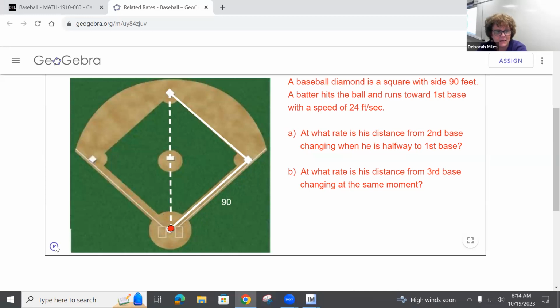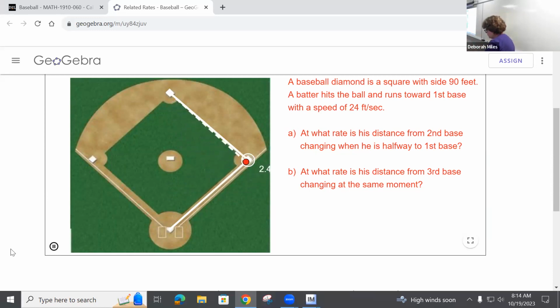Notice that as the player gets closer to first base, what happens to his distance from second base? It's getting smaller. So as his distance from first base gets smaller, his distance from second base also gets smaller. If you're having any trouble visualizing these, you might want to click on these animations tonight.